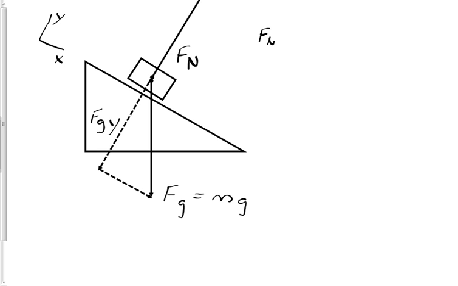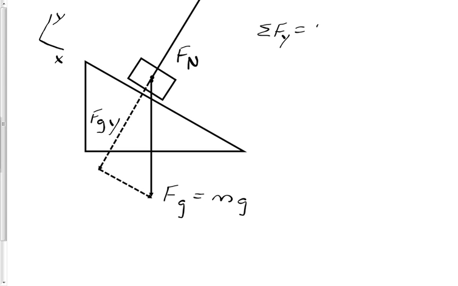So we can say that the normal force is equal to the force of gravity in the y direction. In fact, wait, let me express that differently. Let me really start from scratch and express it the way it should be. I'm going to say that the net force, or the sum of forces in the y direction, is equal to, let's say that the upwards to the right direction is the positive direction.